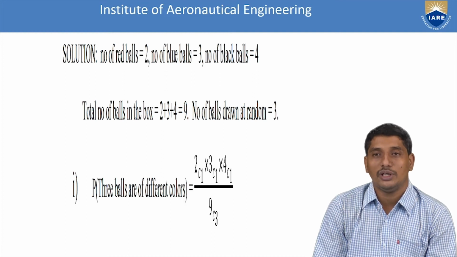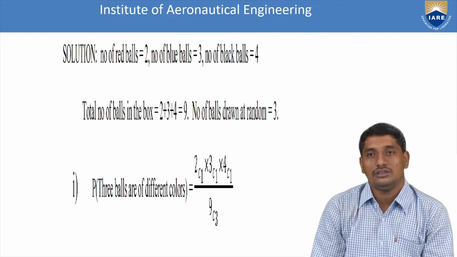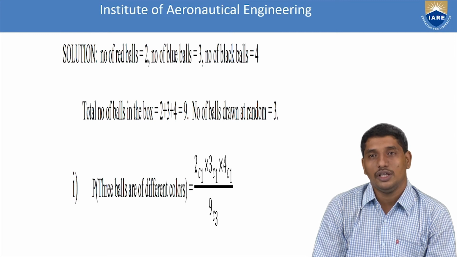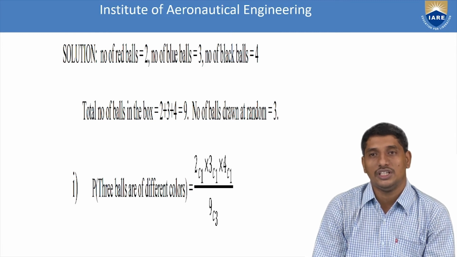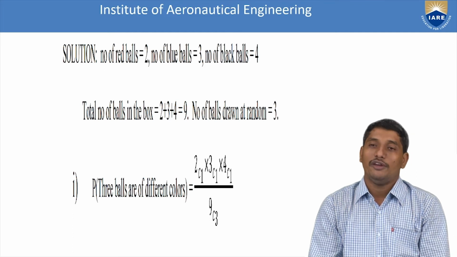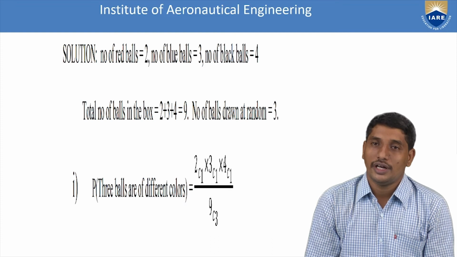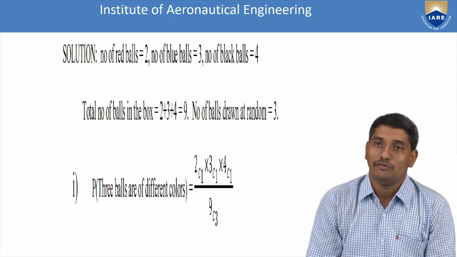That is called the rule of multiplication. So if you are able to do 2 things in M and N ways respectively, then you can perform both things in M N ways. Now, by following that rule, we have to select one ball from red, one ball from blue, and one ball from black.